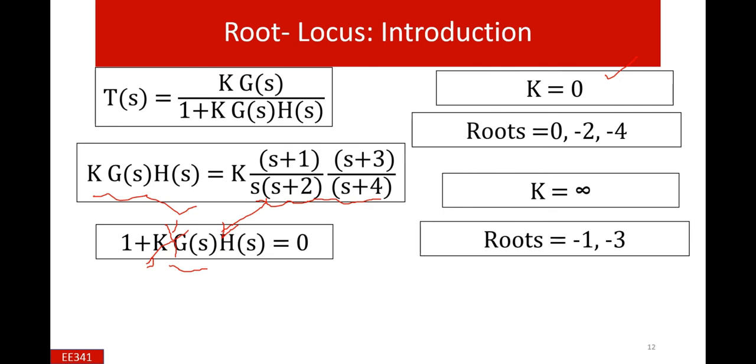There are three locus lines starting from the 3 points and ending at the 2. It means the third line will end at infinity.